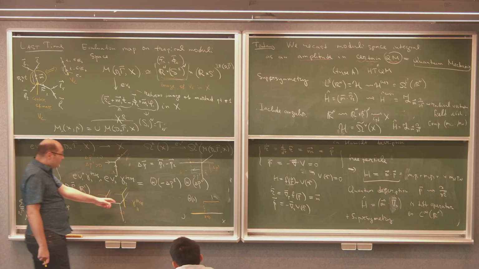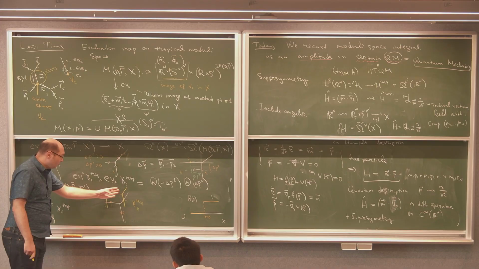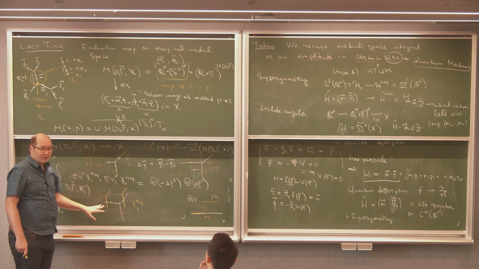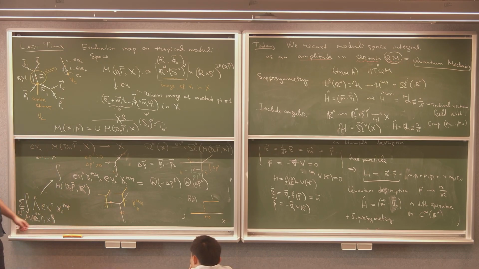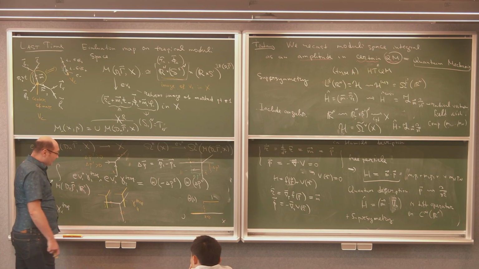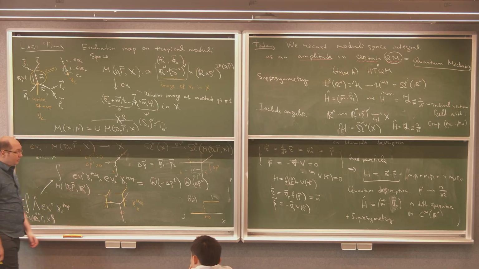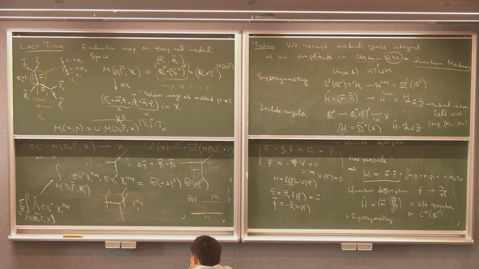Indeed, you can show that to get a proper divisor relation, we need to sum up over possible positions of marked point 3 to get a correct answer. So there will be a non-trivial contribution when this marked point 3 is on the same edge as one of the previous marked points.